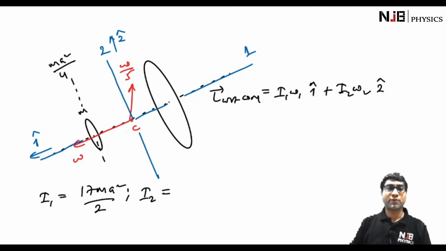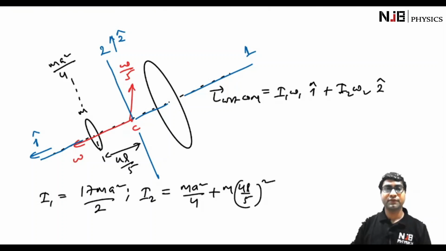So the expression for the smaller disk becomes m a square divided by 4 plus the mass of the smaller disk times its distance from the second principal axis, which we already know is 4L by 5, so 4L by 5 whole square. This is the moment of inertia of the smaller disk about the second principal axis.